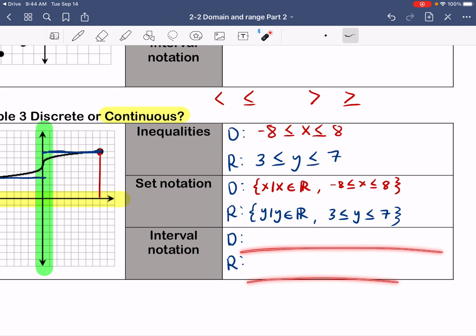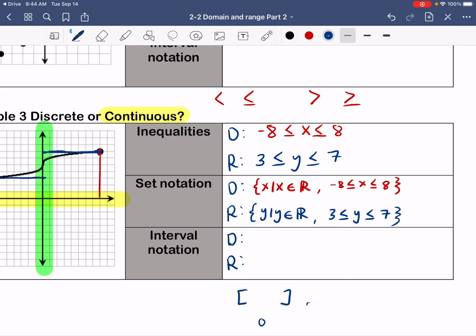And interval notation, how do we use interval notation in this one? You just put this one. It's a closed circle, right? For the closed, we use brackets. For the open circle, you use parentheses like that, okay? Since it is closed, you're gonna put closed brackets, -8, comma 8.